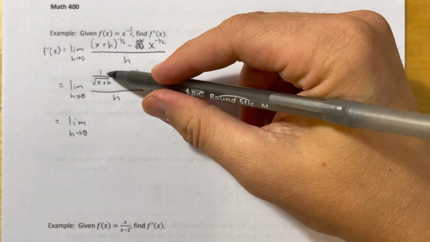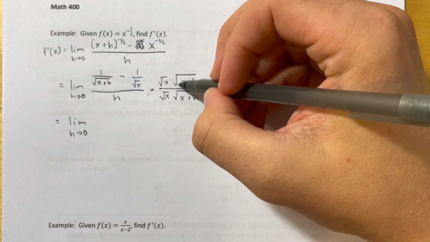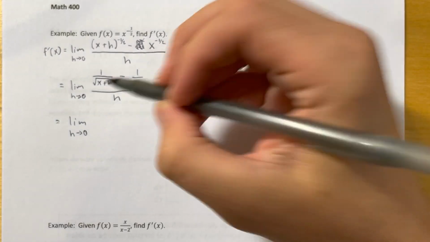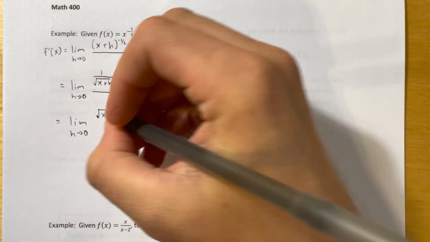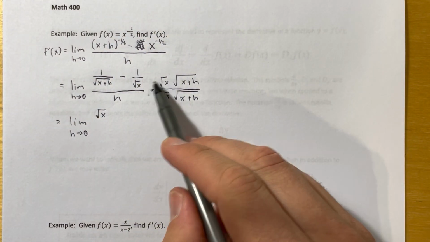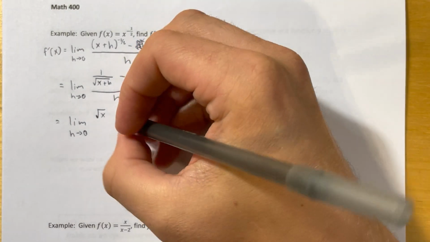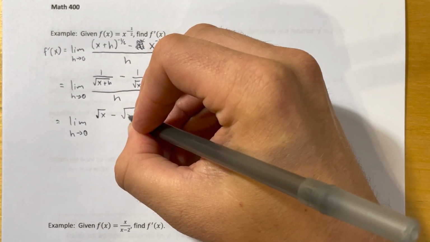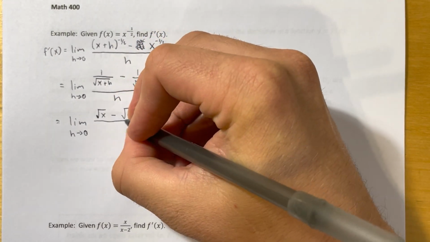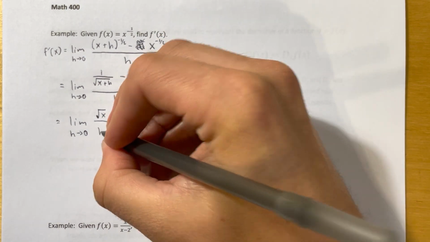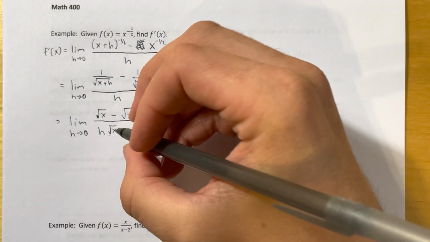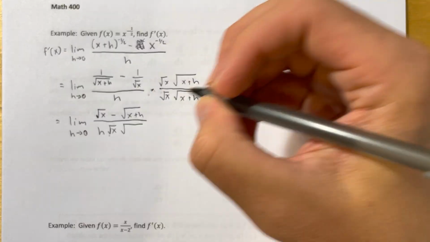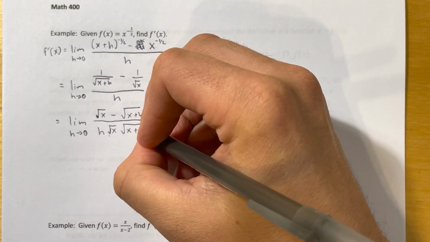If I multiply this through, then this root (x plus h) will cancel with that root (x plus h) and leave me with a root x there. Here, the root x's will cancel, leaving me with root (x plus h). So minus root (x plus h), and this is all going to be over h times root x times root (x plus h).